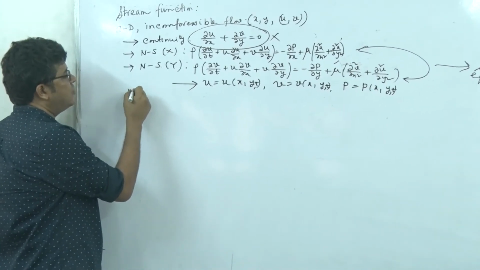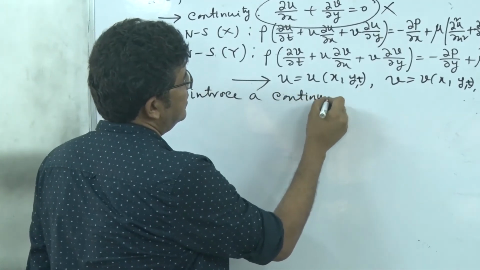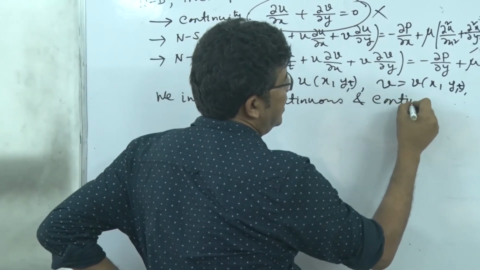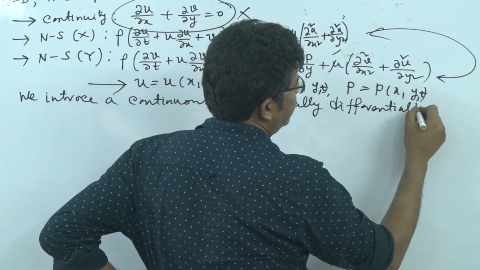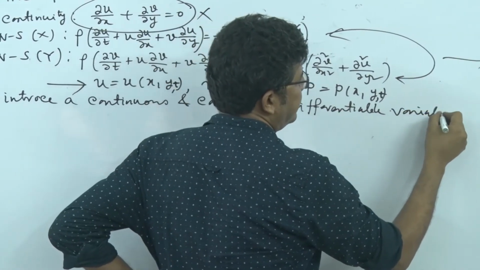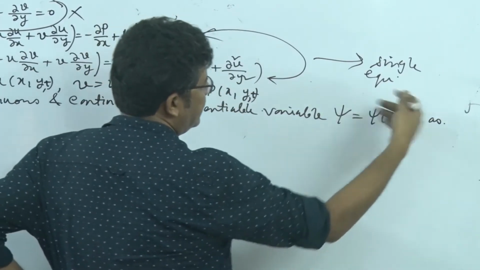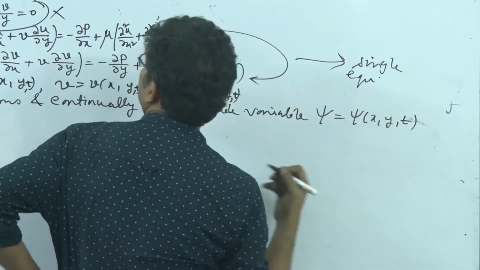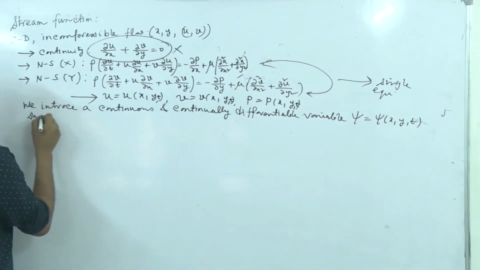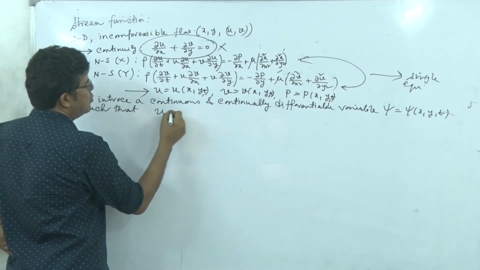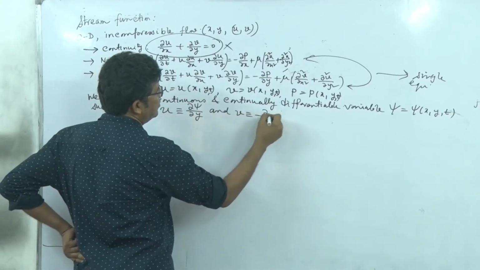So we introduce a continuous and continuously differentiable variable xi, function of x, y, and t maybe, no problem, such that u is equal to del xi del y and v is equal to minus del xi del x.